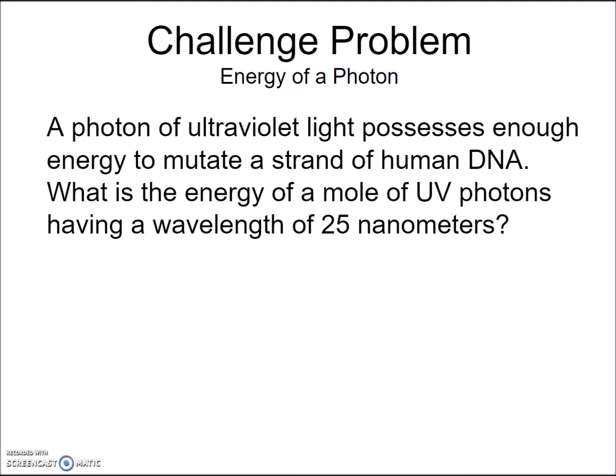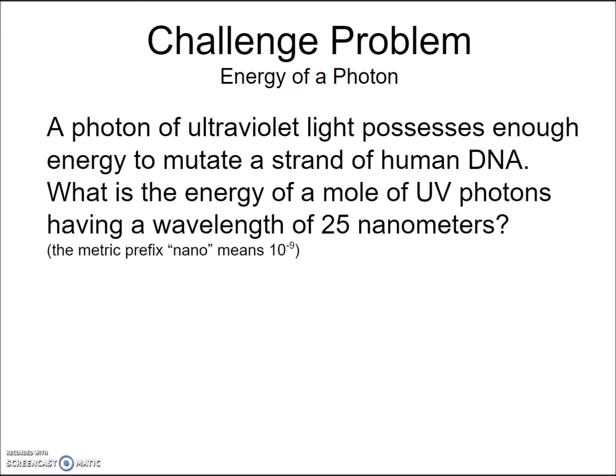So, you've got to be careful with it. What is the energy of a mole of UV photons, which have a wavelength of 25 nanometers, which is quite a bit smaller than the light wavelength that we saw in the previous two problems?